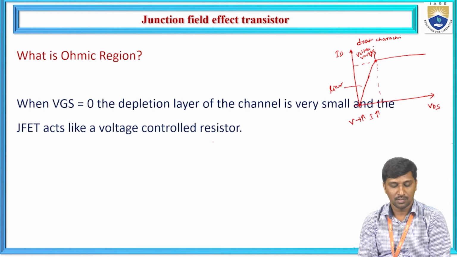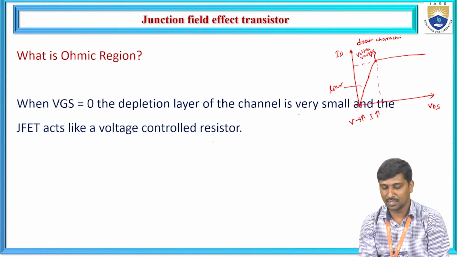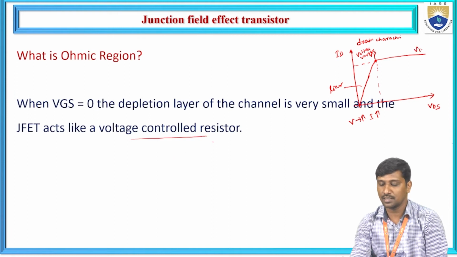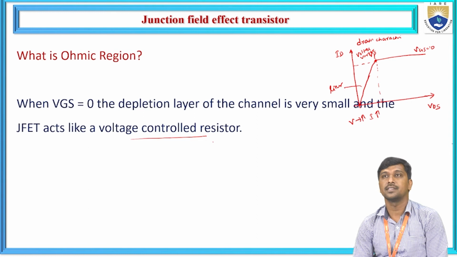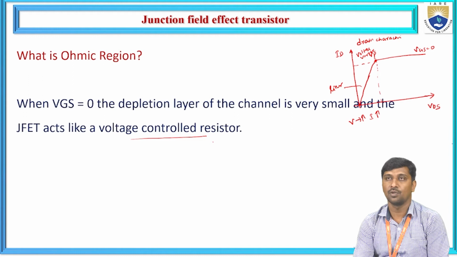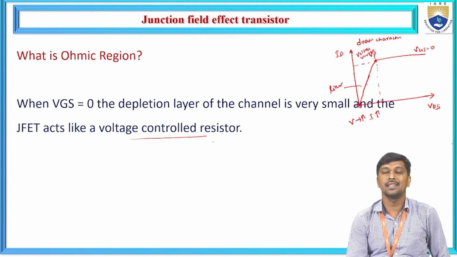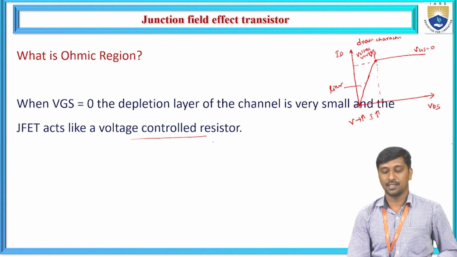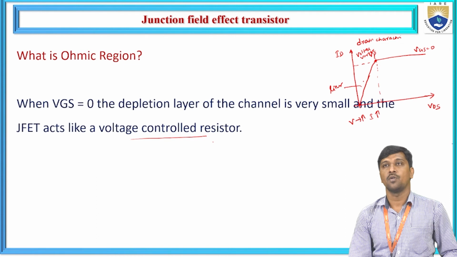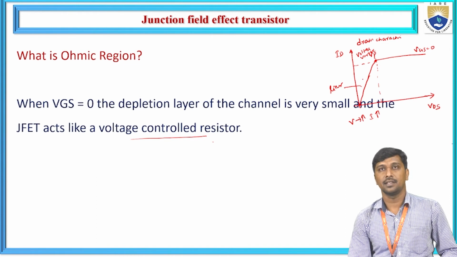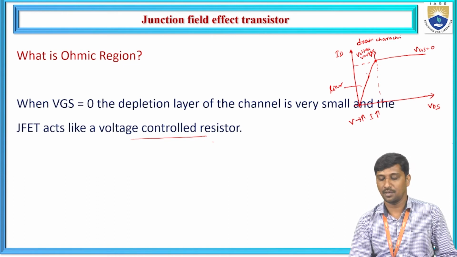When VGS is 0, the depletion resistance is very small, and the JFET is like a voltage controlled resistor. So in this ohmic region the transistor acts as a voltage controlled resistor, or voltage variable resistor, also called VVR.